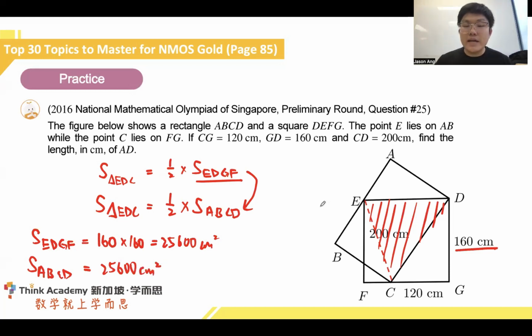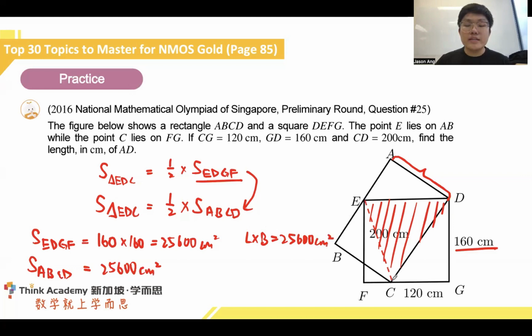Now, that's the entire rectangle's area, and we want to link it to the length AD given over here. This is the base of the rectangle. Sorry, this is the breadth of the rectangle. And do we know the length? We happen to know the length. The length of your ABCD times your breadth gives us 25600 cm squared.